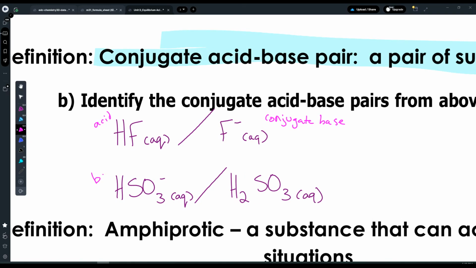So this is the base. We know that because it accepted a hydrogen. And this is the conjugate acid. Okay, so the acids, whether it's just acid or conjugate acid, will always have one more hydrogen. The bases, whether it's a base or a conjugate base, will always have one less hydrogen.